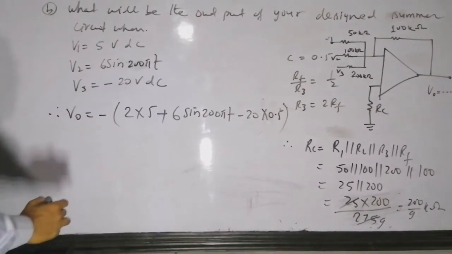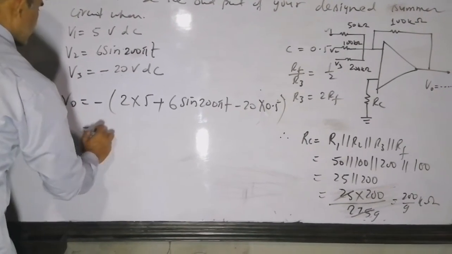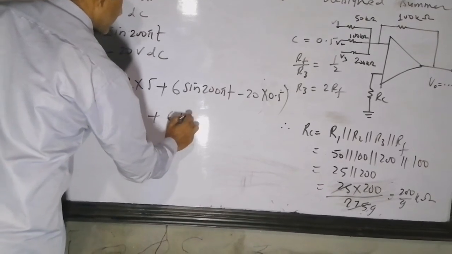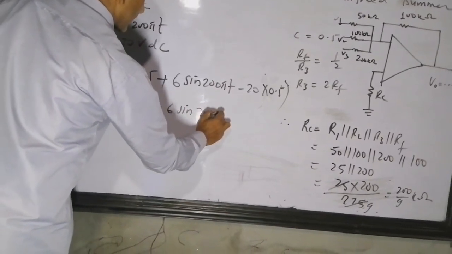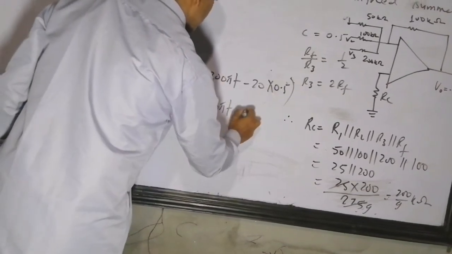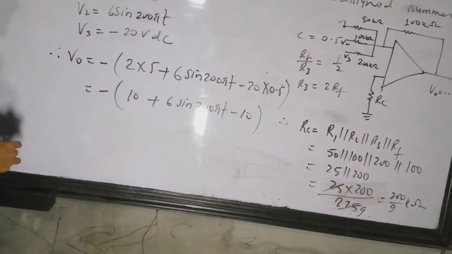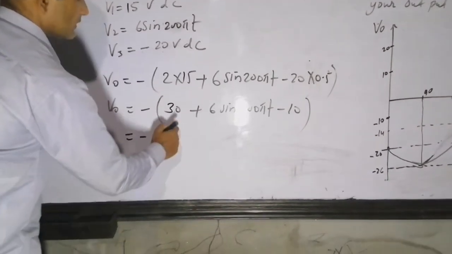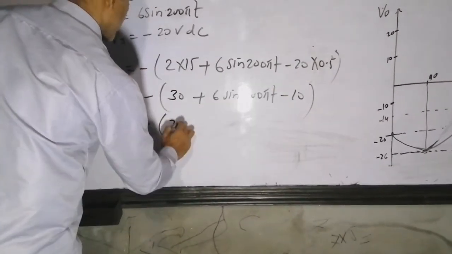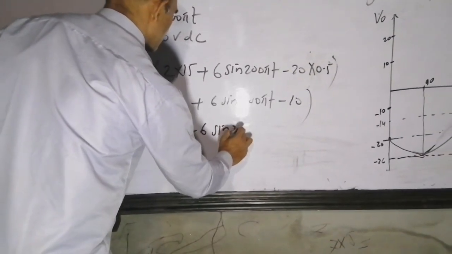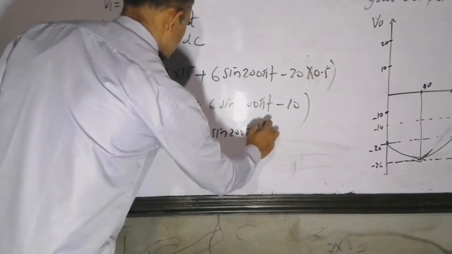So what I get: minus 2 times 5 is 10, and this 6 sin 200 pi t, half of this will become 10. So minus 30 minus 10 is minus 20, plus 6 sin 200 pi t.